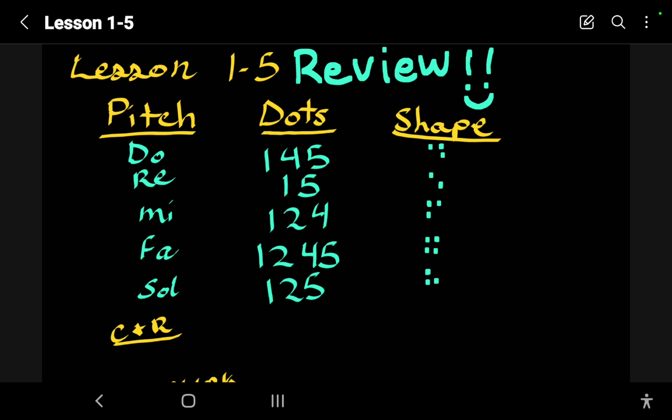And as this is a review lesson, all the pitches that we have covered are going to be in stepwise motion. So there's going to be no skips or jumping around. The next lesson we do, there will be skips and jumping around, so it'll be a little bit more challenging.